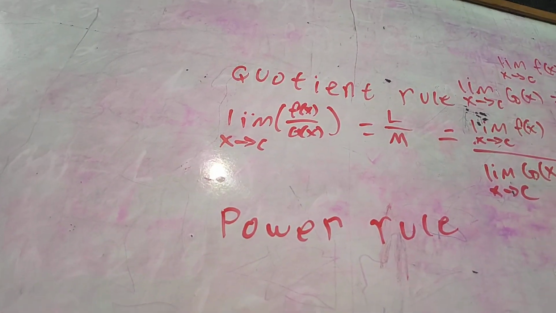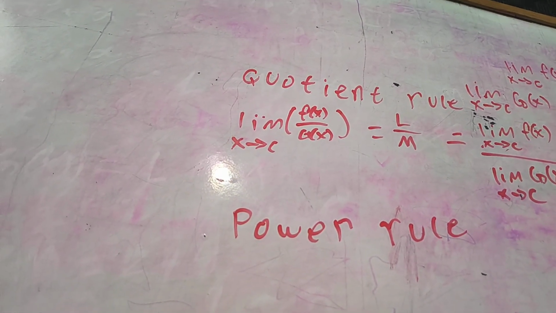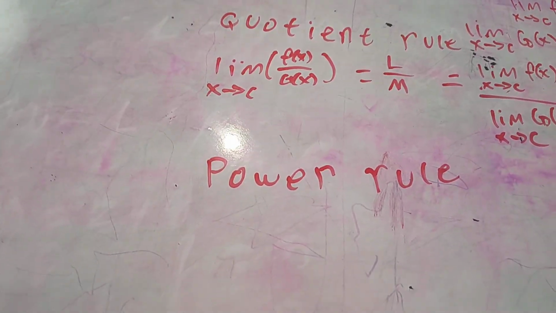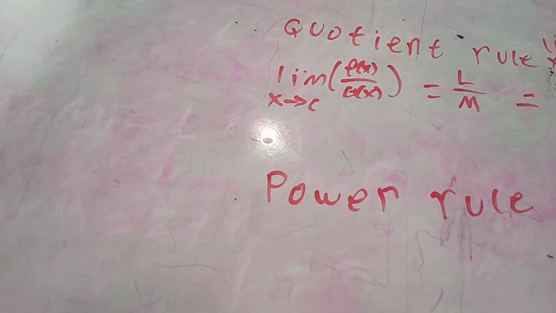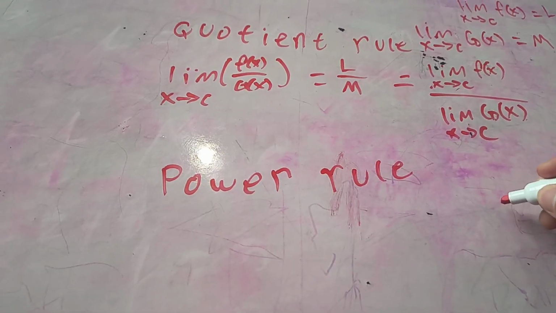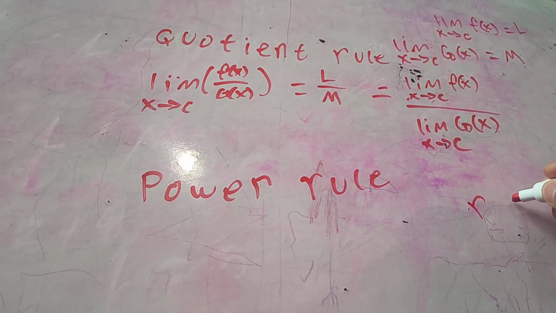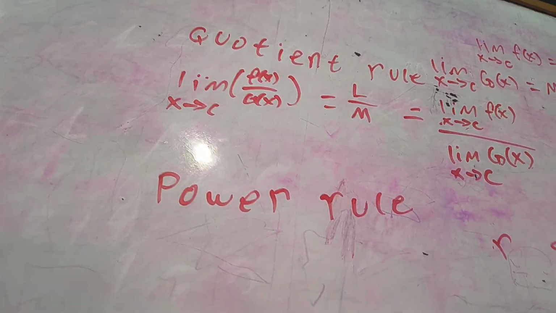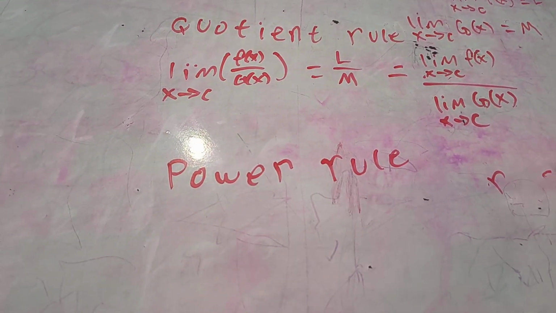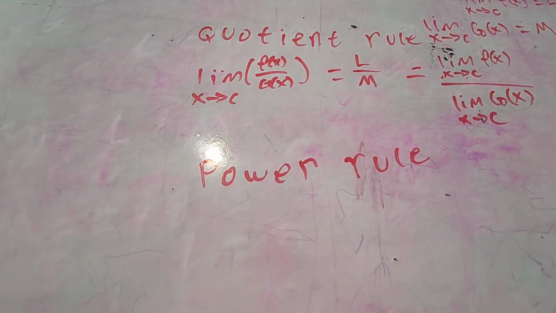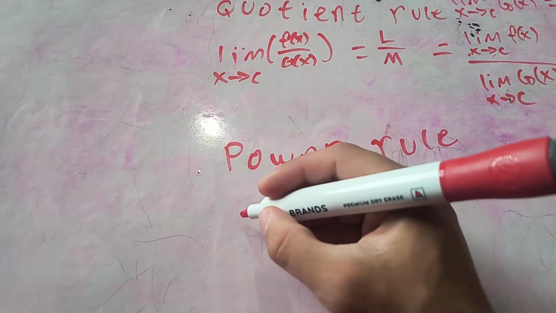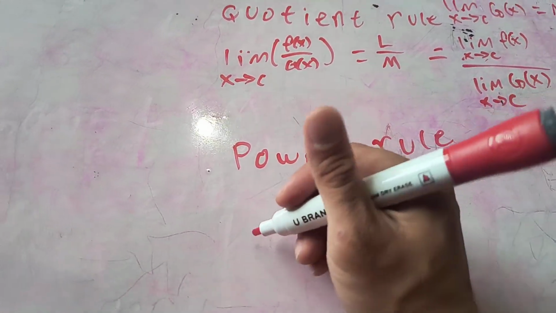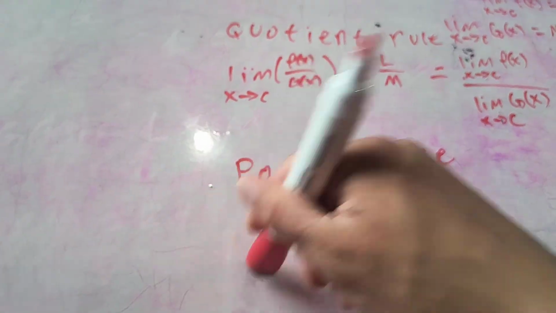The power rule says that you have, let's say, two integers, r and s. Let me just put it in clean terms first, because this is a lot formal.